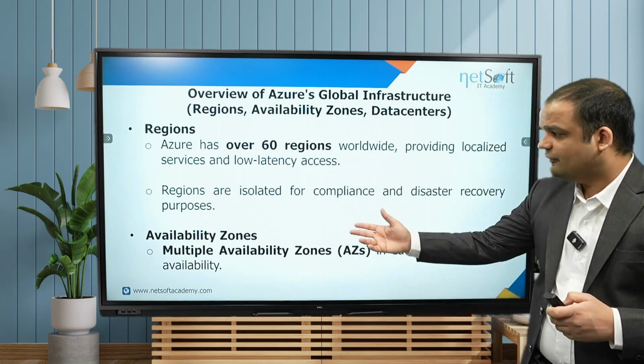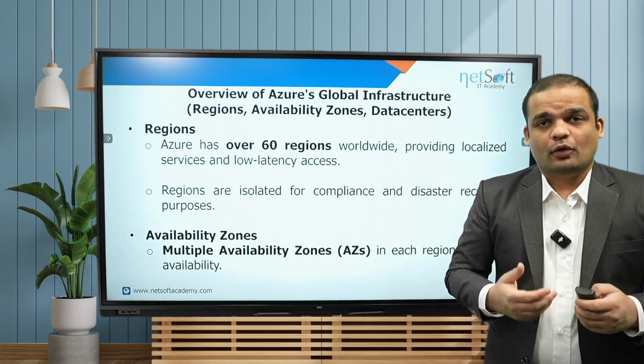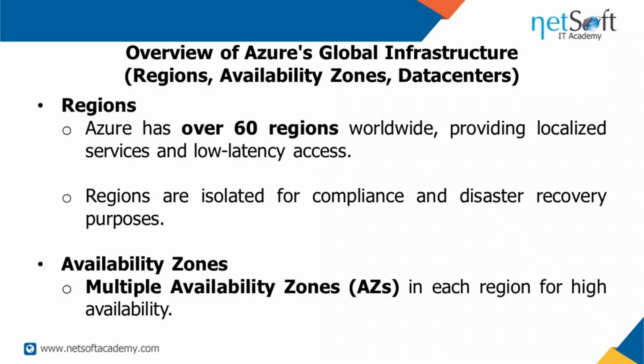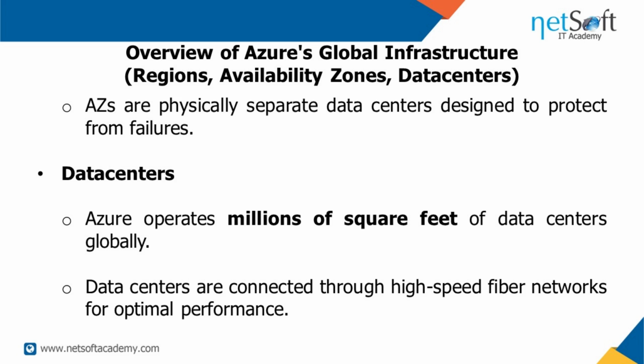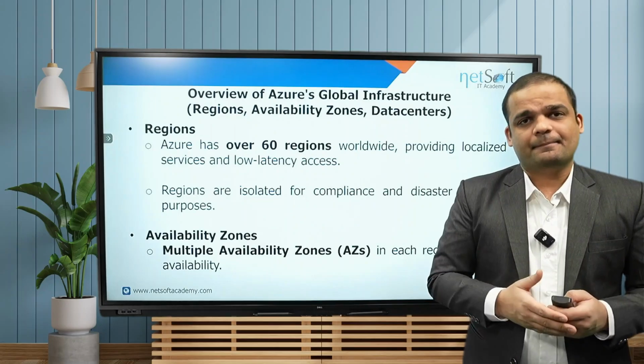Now, what are availability zones then? Within each region, multiple availability zones, or you can call them AZs, are available. These are physically separated data centers equipped with independent power supplies, cooling, and networking.